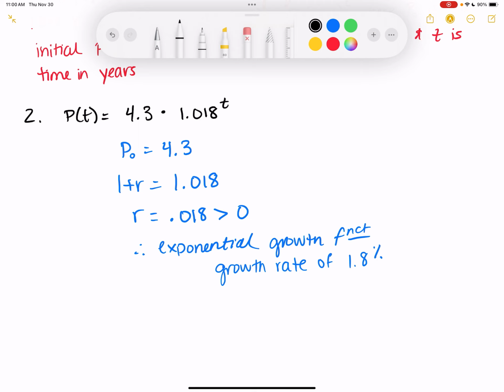Number 6: G of T is equal to 43 times 0.05 raised to the T. They don't specifically ask for the initial value of these, but it's good to get the practice of knowing what everything is. So that's why I write it out. So P0 is 43.